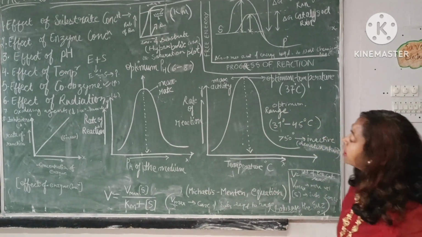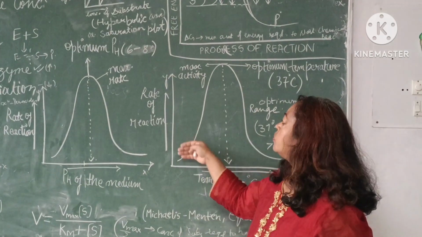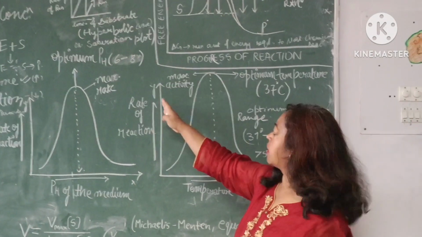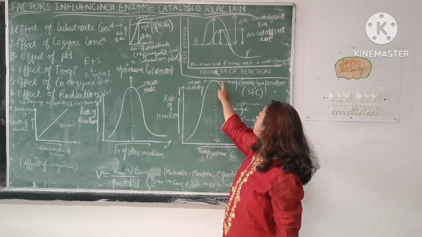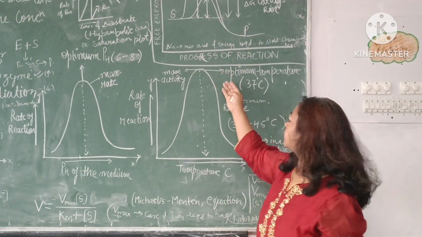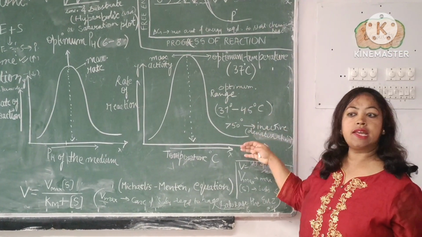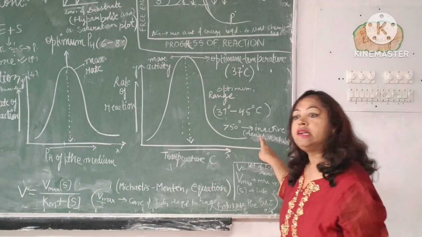The next factor is the effect of temperature. Similarly, as we increase the temperature, the rate of reaction will increase. But there is some optimum temperature range. After this temperature, the rate of reaction will decrease due to denaturation. The enzyme gets denatured.